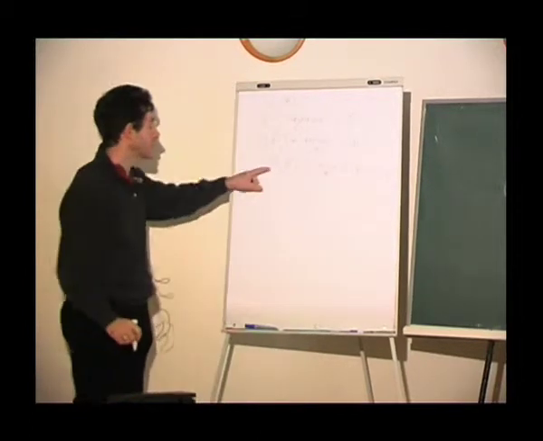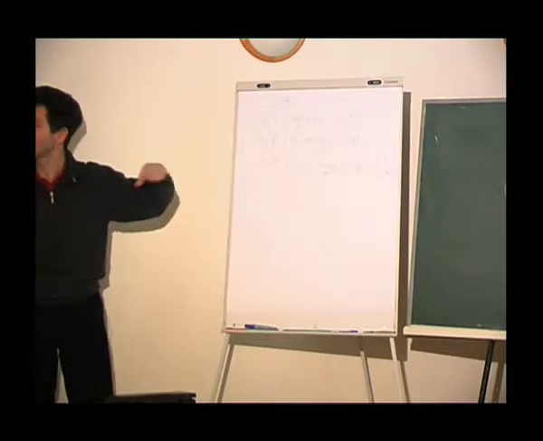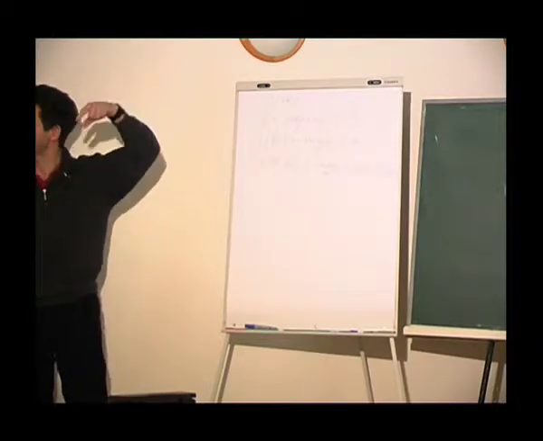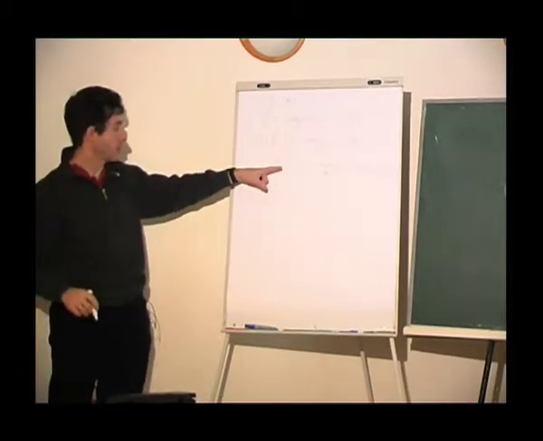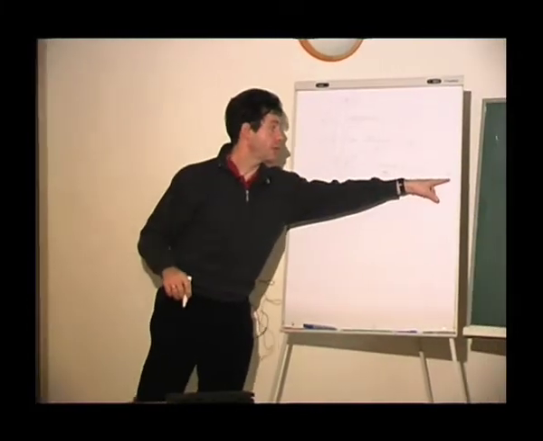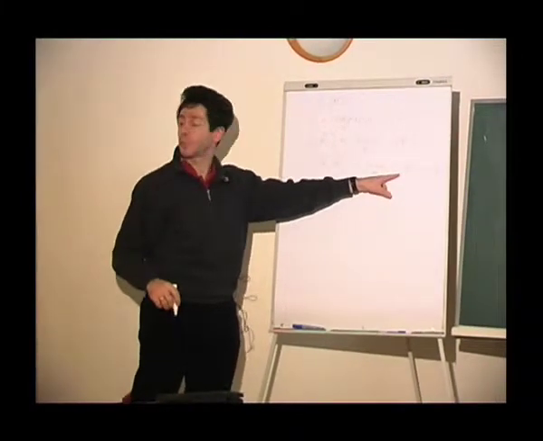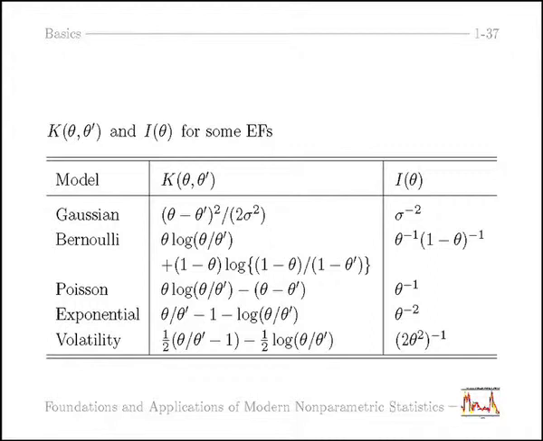So we fix some point and look what is the deviation of the likelihood with fixed value of theta prime, and here we take the maximum over all possible values.